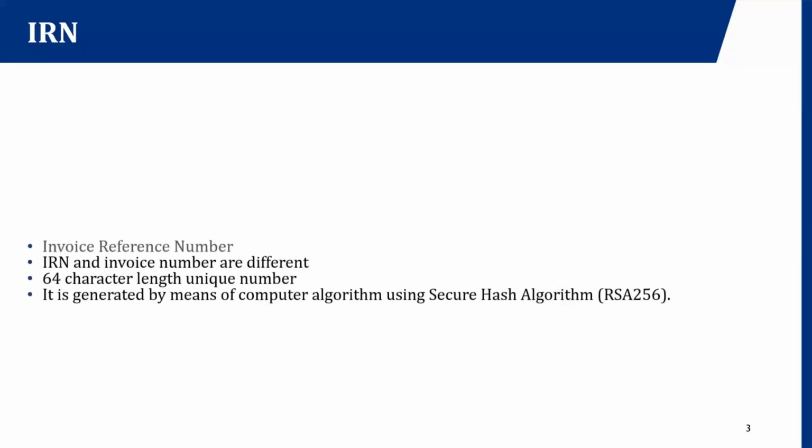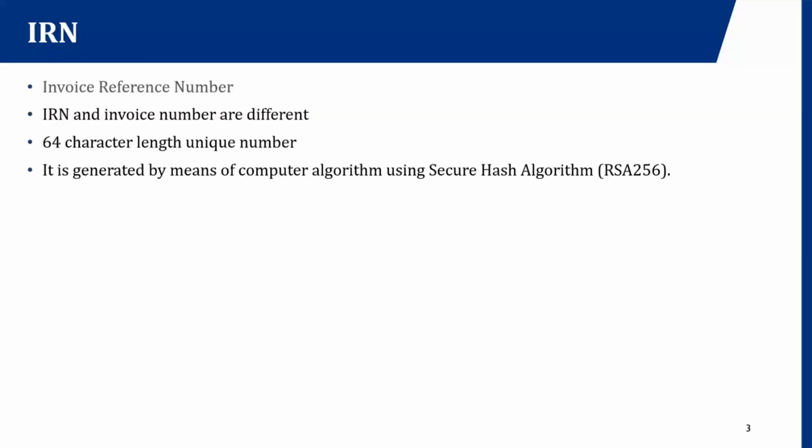Now we'll understand what is IRN. The full form of IRN is invoice reference number, and it is different from the invoice number. Invoice number and IRN both are different. The invoice number needs to be maintained in the ERP, whichever you are maintaining, and IRN will be generated on the portal.